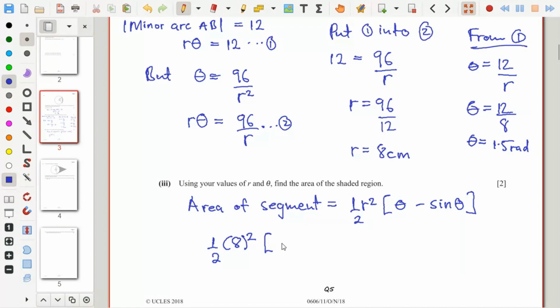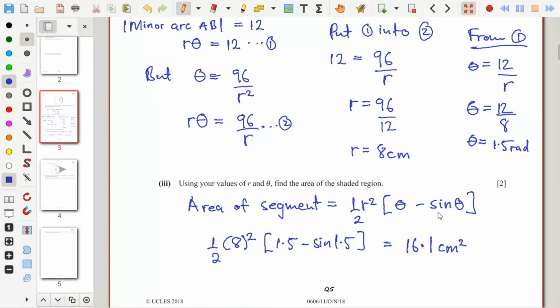Theta is what? 1.5. So let's solve this one and see what you get. If you solve this, you get 16.1 centimeter squared.